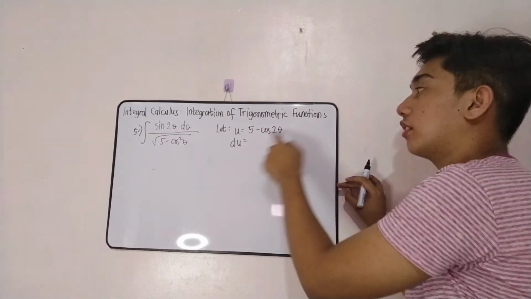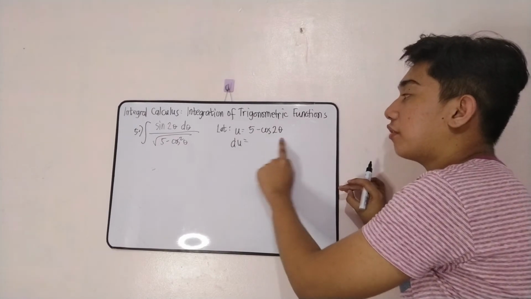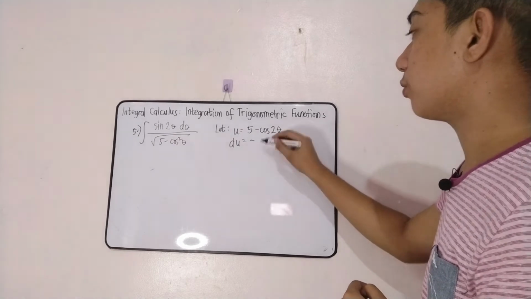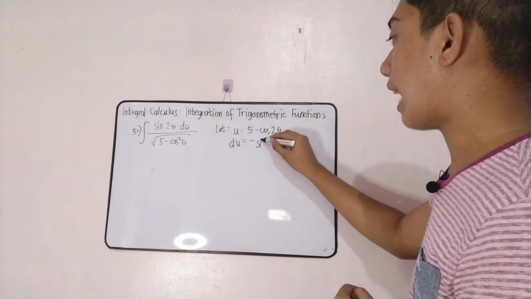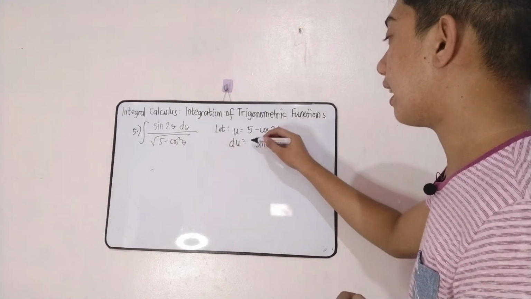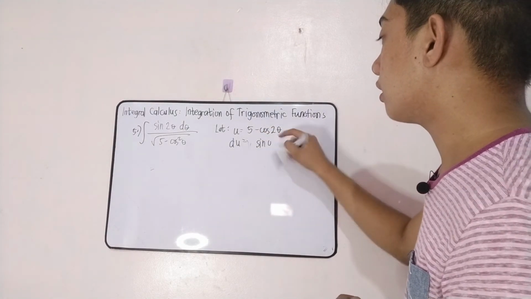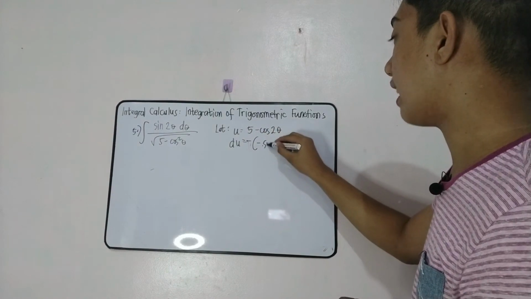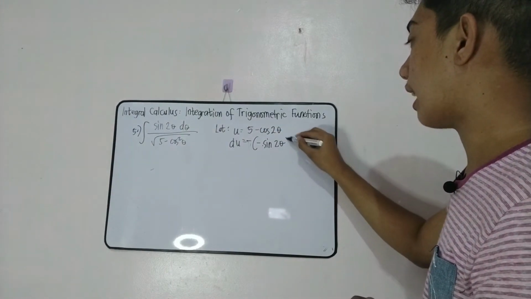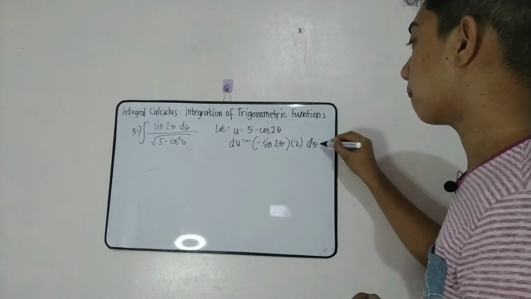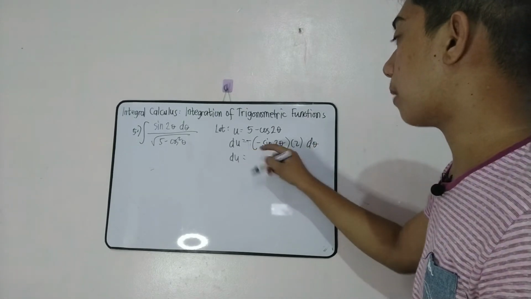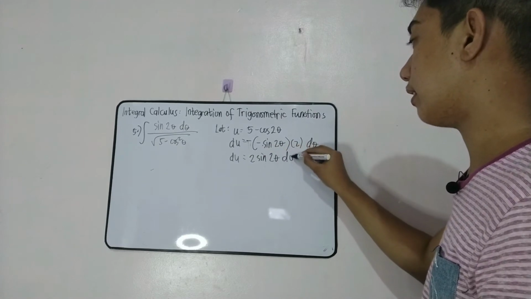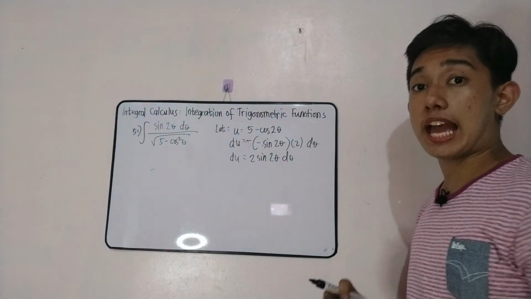So, 0, minus the derivative of this one, which will be sine theta, positive now, because of the negative outside, then negative sine 2 theta times 2, then d theta. Then du is equal to positive 2 sine 2 theta d theta. Okay, so it is easier.